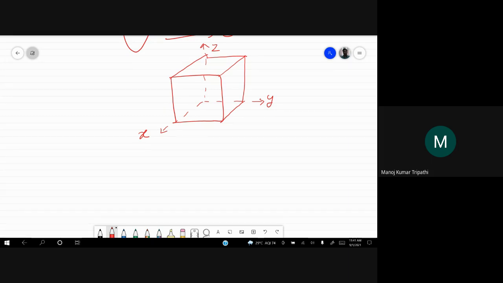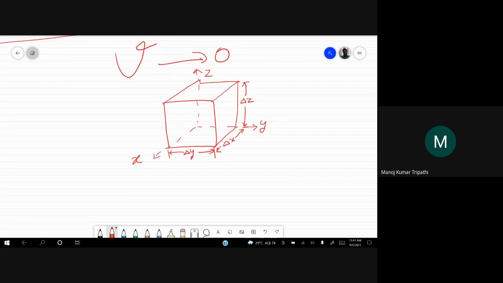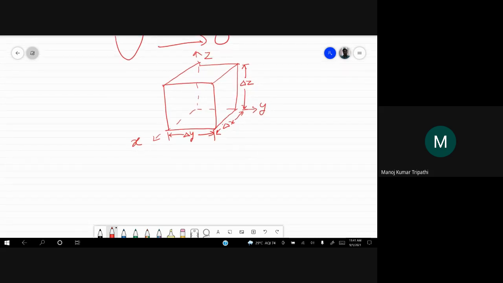Let's say this is delta z, this is delta x, and this is delta y. This is our control volume, which is very, very small. Delta x, delta y, delta z approach 0. What is the area of cross section of this left face? Let's say this is delta x times delta z for this face.